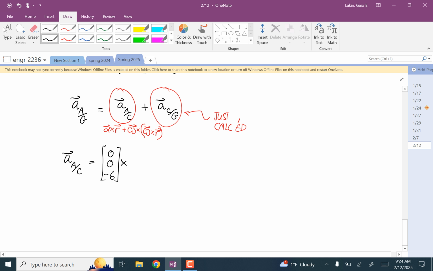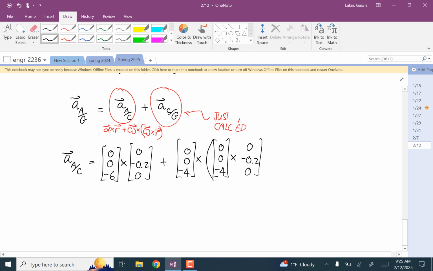Our r vector is the same as it was for the velocity, so that's 0, negative 0.20. Our omega is 0, 0, negative 4. The r vector is 0, negative 0.20. And so for this one, you get negative 1.200.